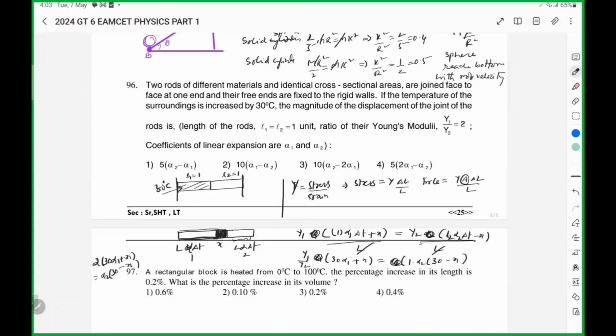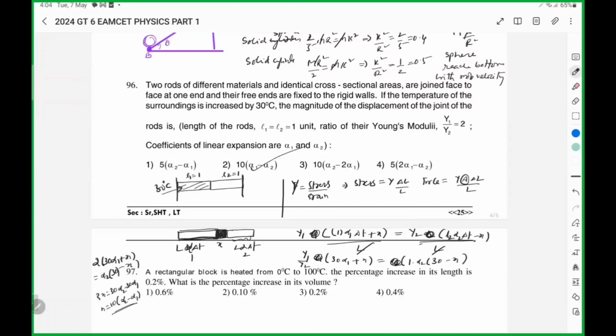So from this we can calculate x value. 2x plus x, 3x is 30 alpha 2 minus 30 alpha 1. X is 10 times (alpha 2 minus alpha 1).